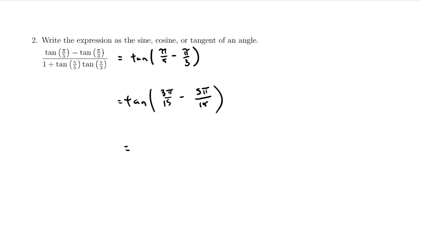And this is going to leave you with a tangent of negative 2 pi over 15 in this problem. So this is a much nicer and condensed version of what you started with. So this is the second type of thing your teacher will ask.